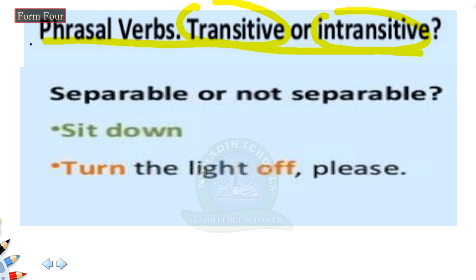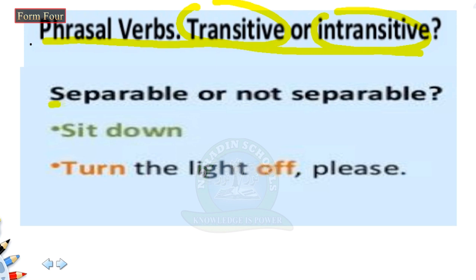For example, the cat killed the rat, or I wrote a letter. Wrote has an object, so it's a transitive verb. But an intransitive verb doesn't need an object. For example, she died, or I slept.